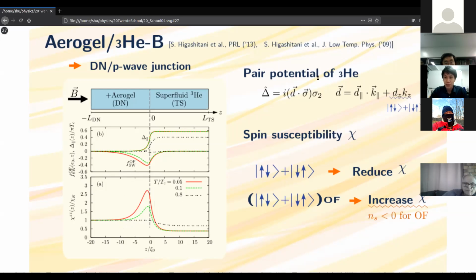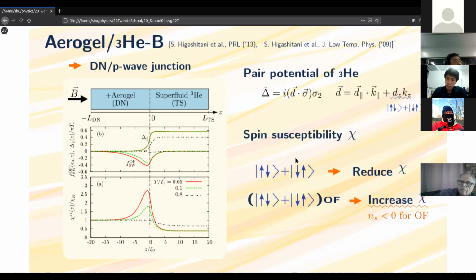The pair potential of the helium-3 B phase can be written like this, where d is the d vector. The d vector contains the z component, which means that the pair potential contains this opposite spin triplet.